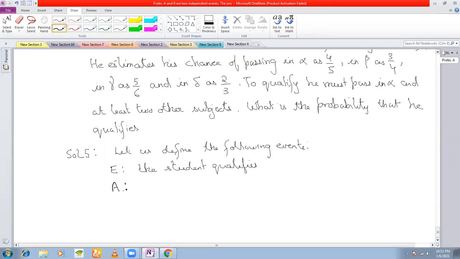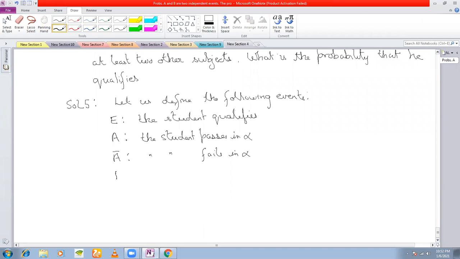You have the subjects alpha, beta, gamma, delta, and the probabilities of passing are given. So A is the student passes in alpha. Then A bar is the student fails in alpha. Next, event B: the student passes in beta. B bar is the student fails in beta.